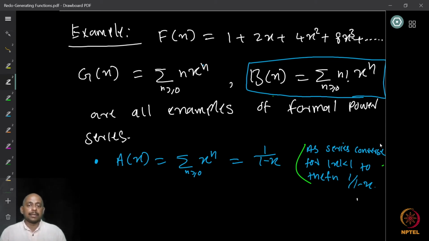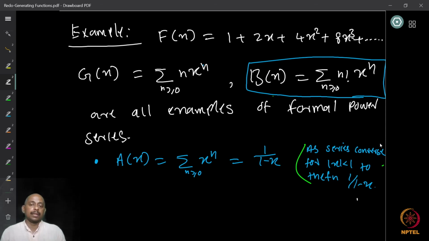In this particular case, when we have the constant sequence 1, we have summation x raised to n. That series can be written as 1 by 1 minus x, as we showed before, because it converges for values of x where mod x is less than 1. In that interval, because it converges to 1 by 1 minus x, we can always write it as 1 by 1 minus x.